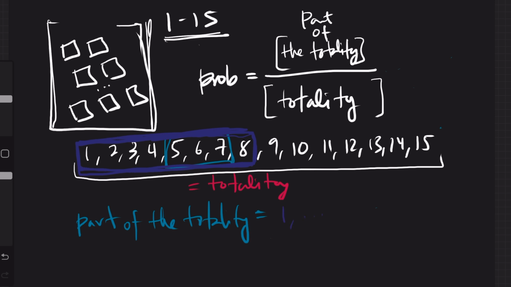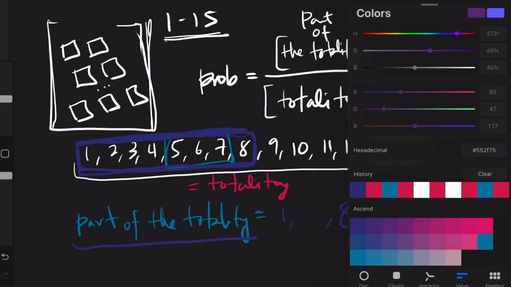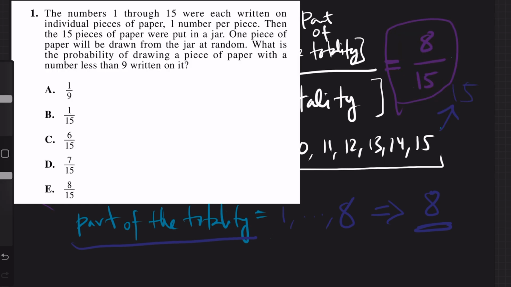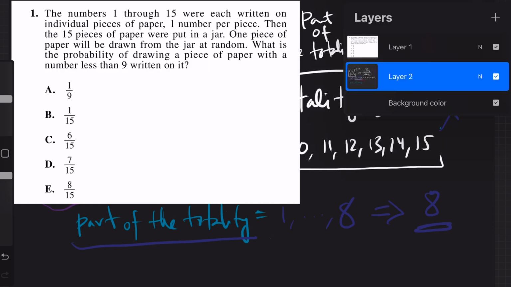Because we have numbers from 1 to 8, the number of events corresponding to the part of the totality is 8, and the totality is still 15. So the answer would be 8 over 15. If we come back to the statement of the problem, we see that this is then the answer, 8 over 15.